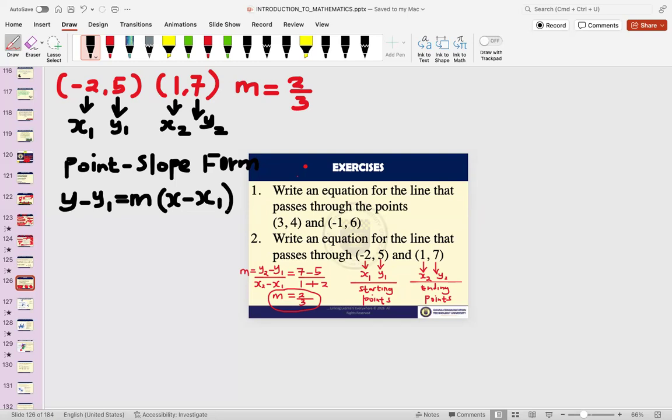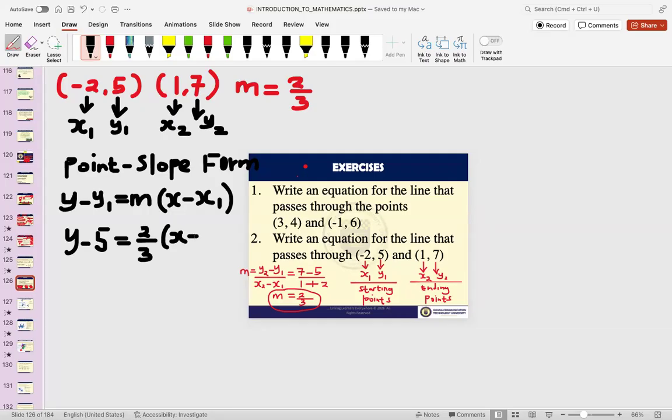So with this one, we have the numbers already. We do our substitution. So we have y minus y1 in our question is 5 is equal to m we calculated to be 2 divided by 3. Open your bracket. X is representing your x-axis.